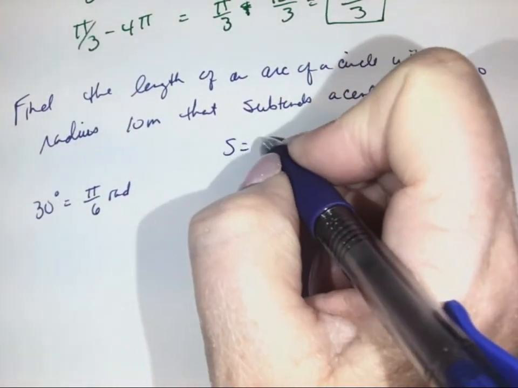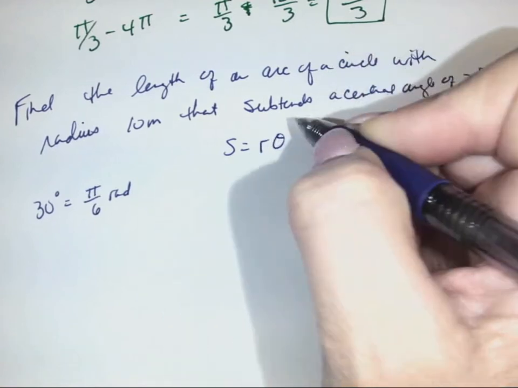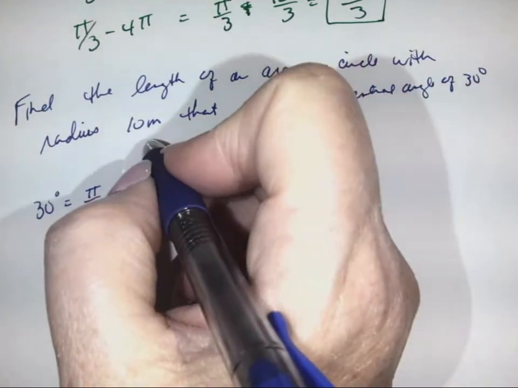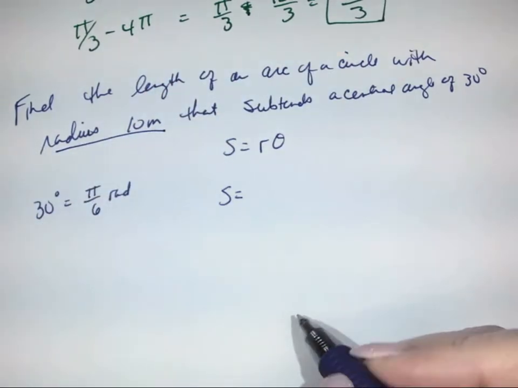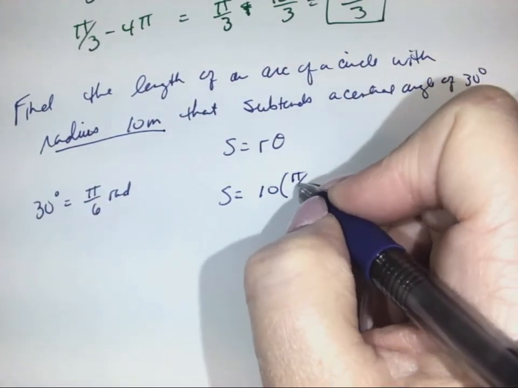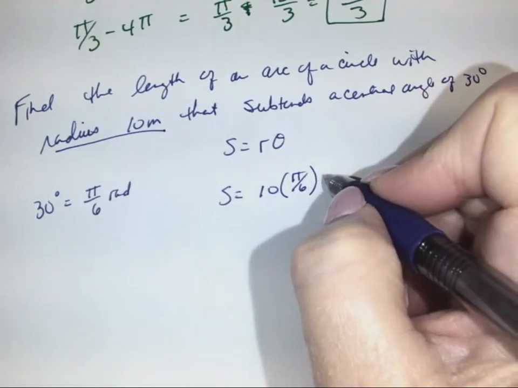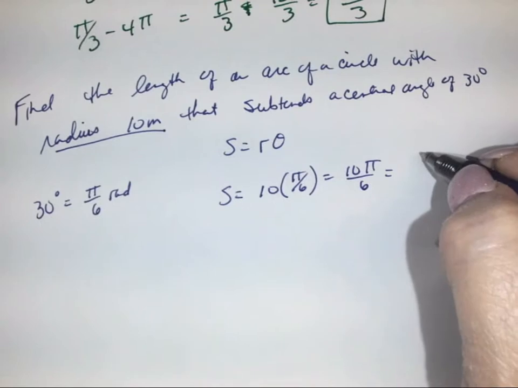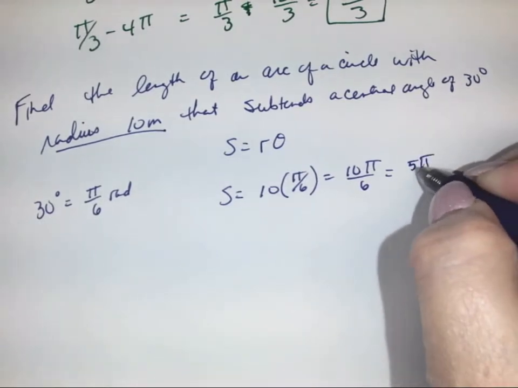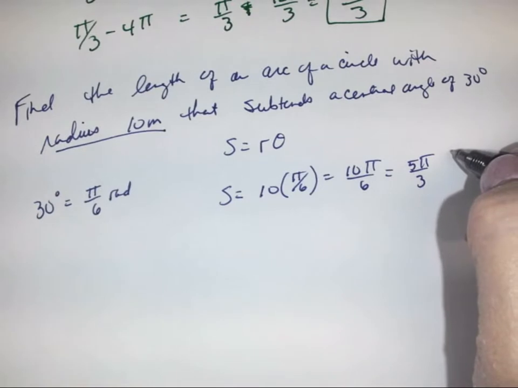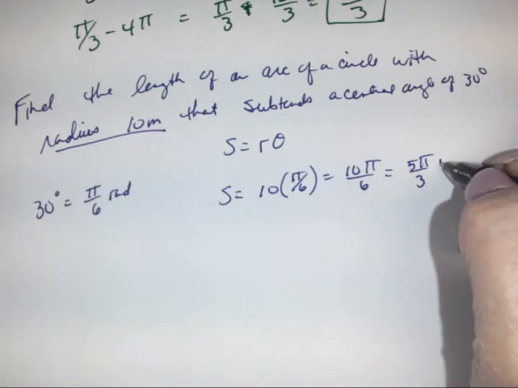With our formula S is equal to r theta, so S would be equal to, our r is 10, so it'll be 10 times our theta of pi over 6. So that'll get us 10 pi over 6. Reducing it both by 2, we get 5 pi over 3. And it was in meters, so it will be meters.